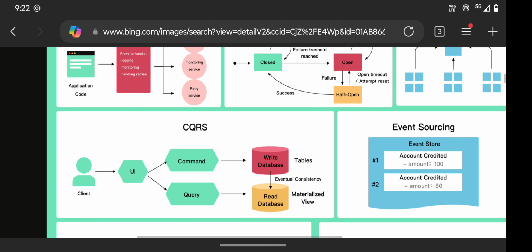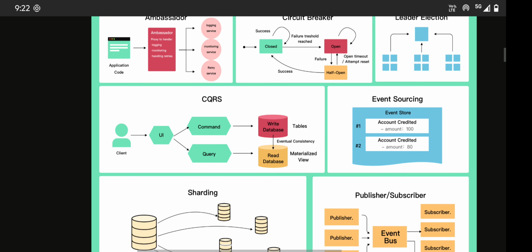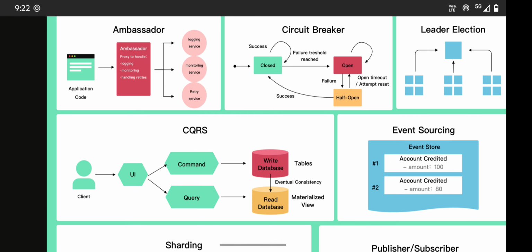So, the ambassador design pattern. You can see, generally it is a kind of proxy to handle logging, monitoring, and handling retries. There is an application code. You need to have a proper structure for logging and monitoring, for building a resilient service.